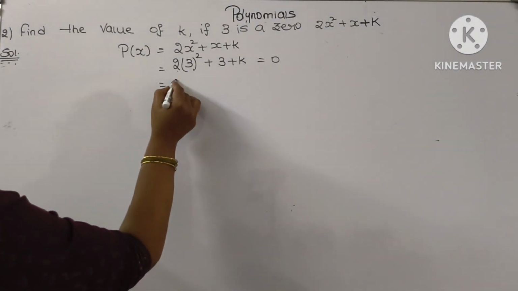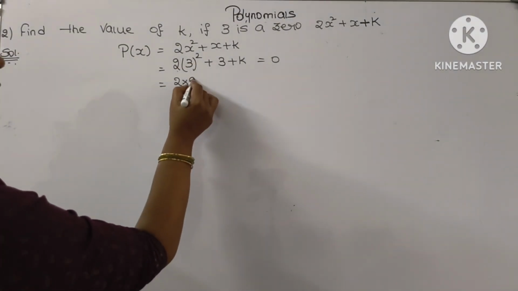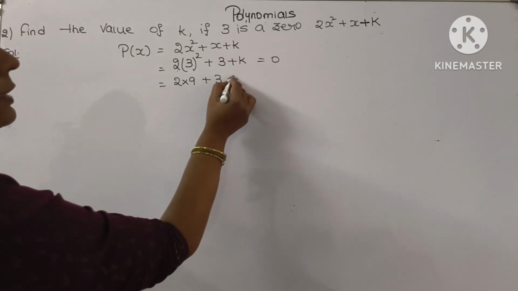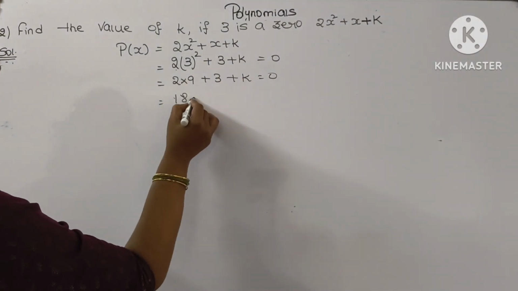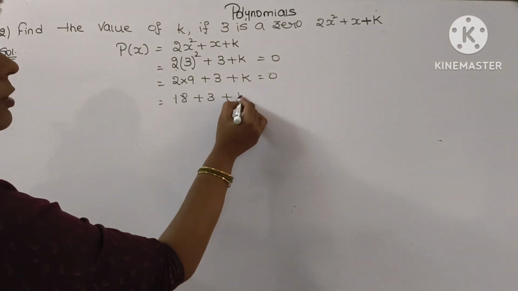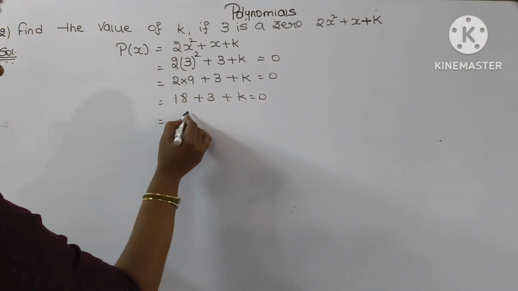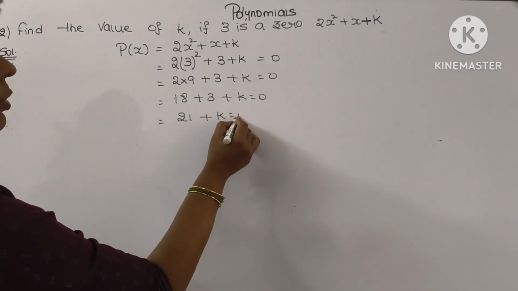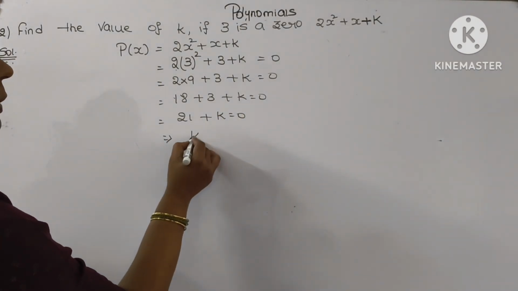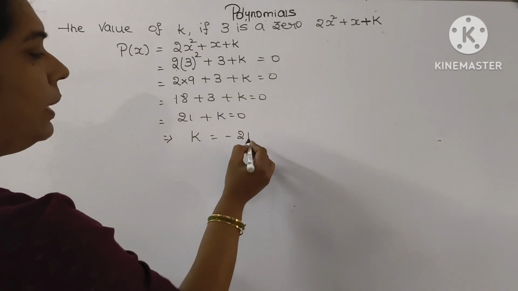Then 2 into 3 square is 9, plus 3 plus k is equals to 0, which will be 18 plus 3 plus k is equals to 0. That implies 18 plus 3 is 21 plus k is equals to 0. So what does it mean? It means the k value is minus 21.